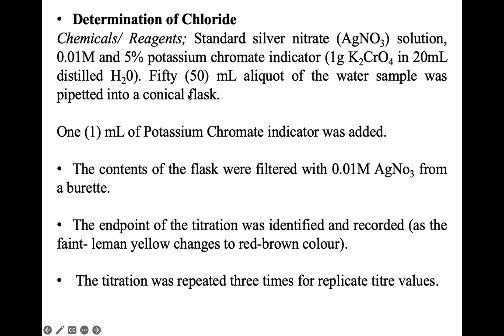Here, you can also use what we call experimental determination, where you use silver nitrate solution, with potassium chromate as indicator, with the help of distilled water. And these are chemical processes.